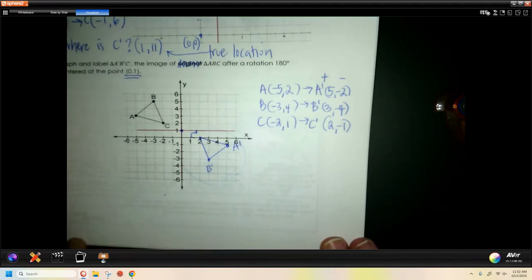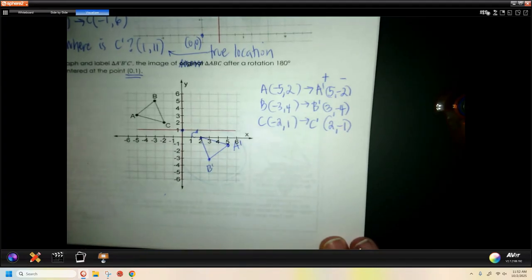Okay. So then, and once again, you can always kind of spin your paper to see if it makes sense to you, right? Does it look like it went 180 degrees? Okay. So that feels pretty good.